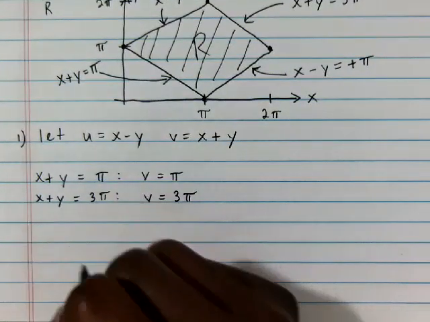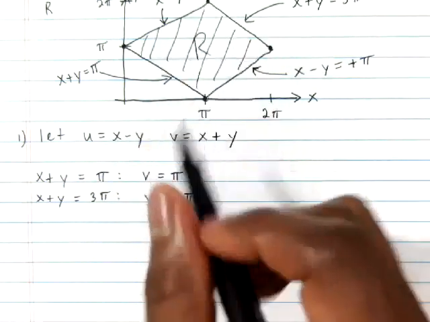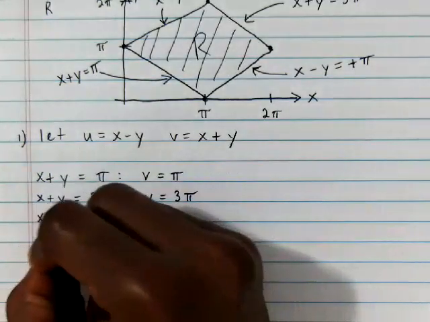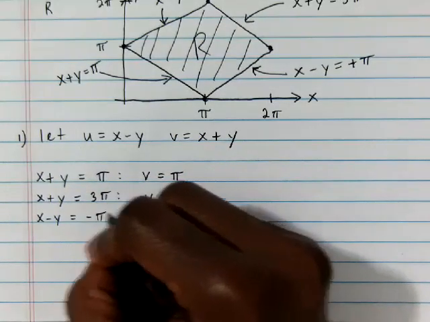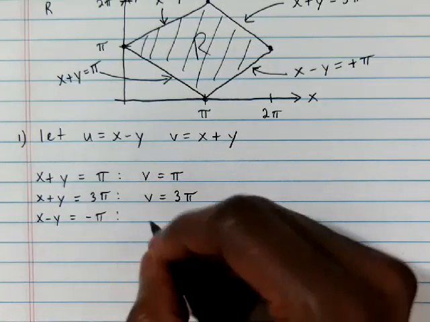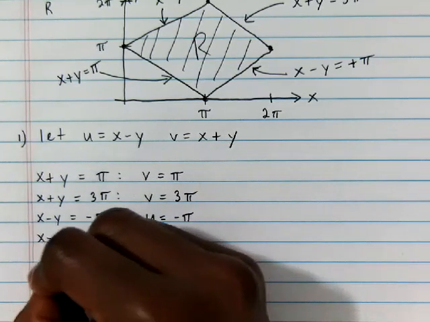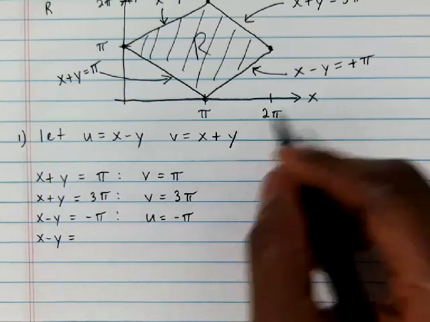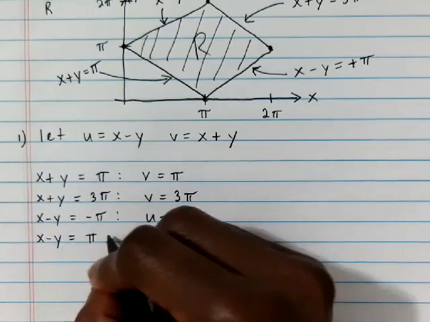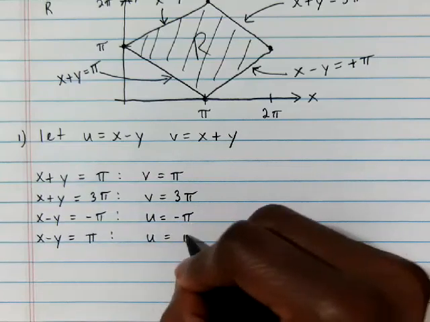And then x minus y equals negative pi gives us u equals negative pi. And x minus y equals pi gives us u equals pi.